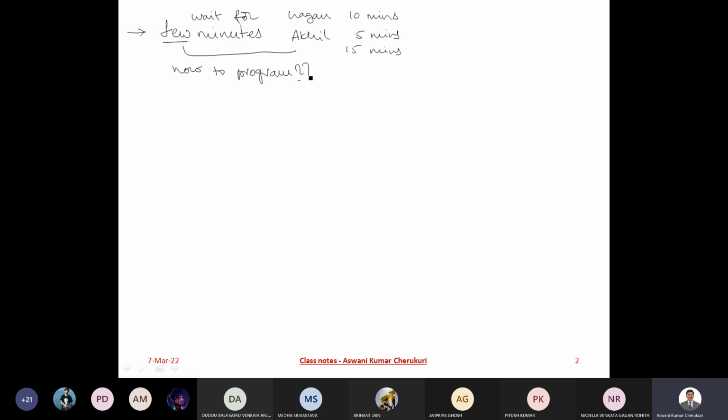How do you do it? Will you be able to do it or not, first of all? Can you write a program? Conventional or unconventional, how do you write a program to ask the machine to wait for a few minutes?